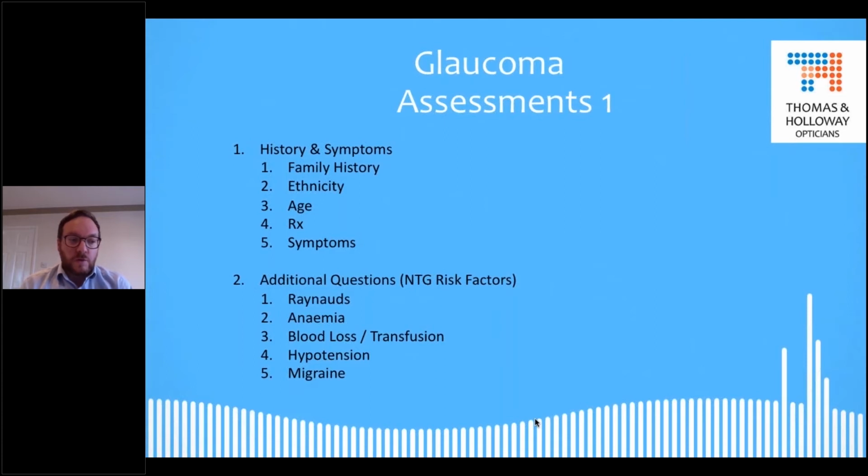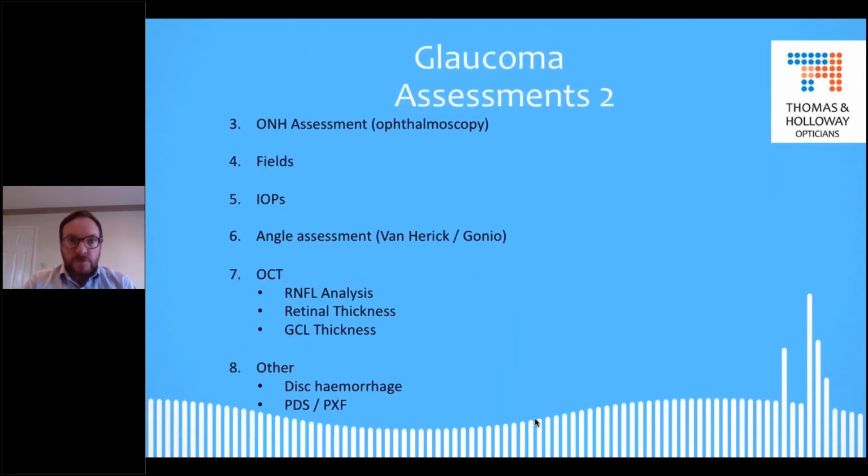Then they are also at elevated risk of developing glaucoma. We also obviously need to look at the optic nerve head. Tim's already said that looking at the optic nerve head, hopefully through a Volk lens, directly without the use of technology, is still extremely important.